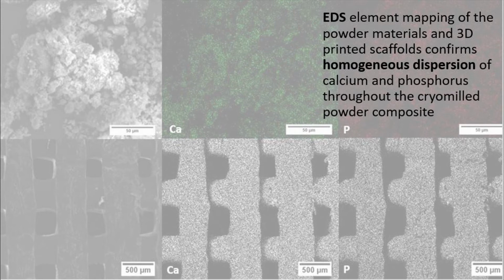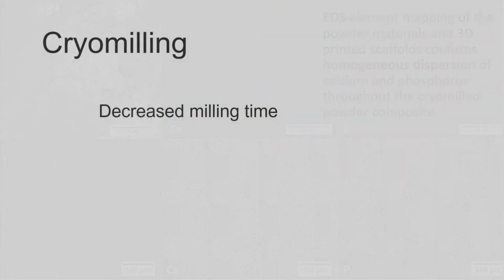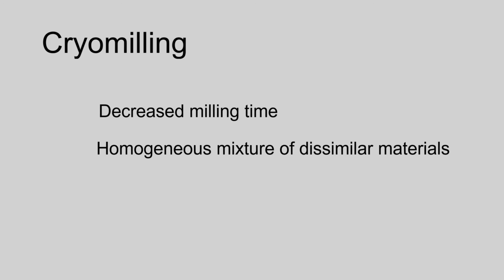These results validate that cryomilling is an appropriate technique for fabricating PCL and HAP powders. Cryomilling allows for decreased milling time as compared to other methods such as solvent casting, because the processing temperature is much lower than the glass transition temperature of PCL, which facilitates the occurrence of brittle fractures. Additionally, cryomilling ensures a homogeneous blend of dissimilar materials.